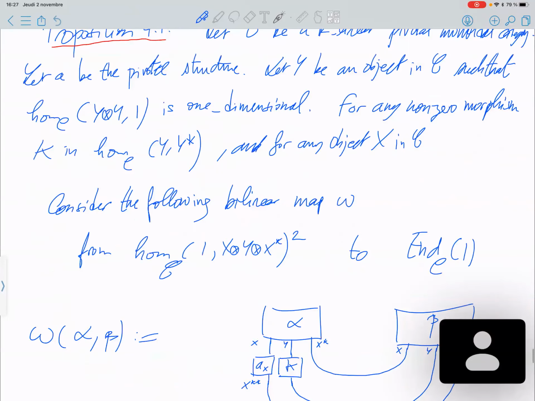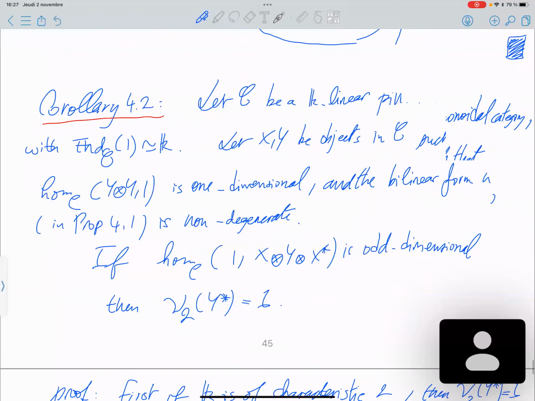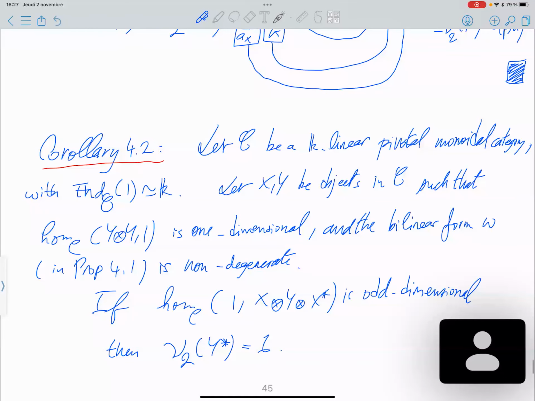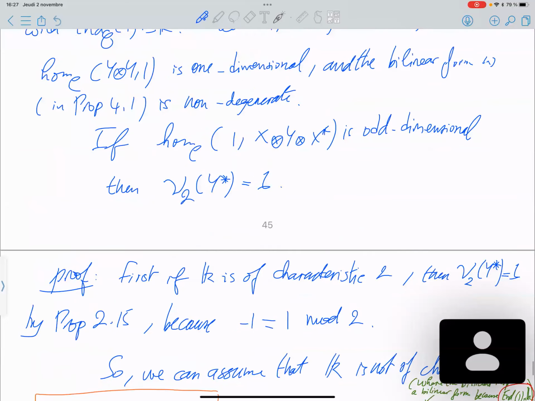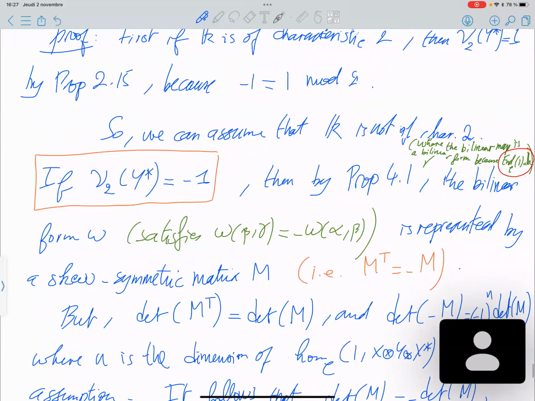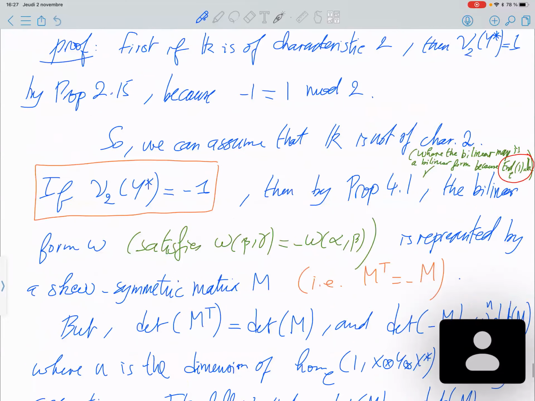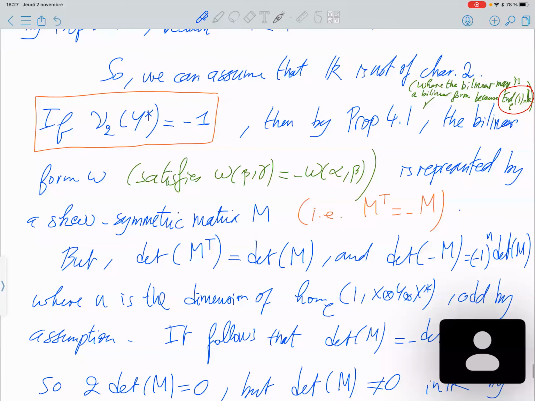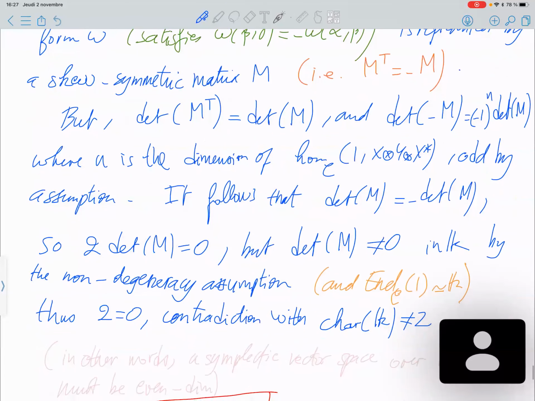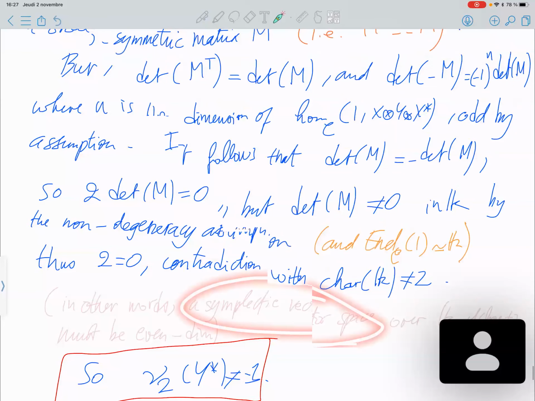You have a strong preparation part, a strong preliminary part, and then everything works quite easy. The trickiest part was to think about such an argument involving symplectic vector space.